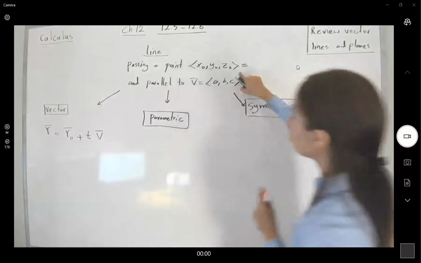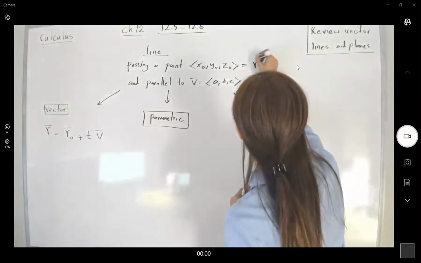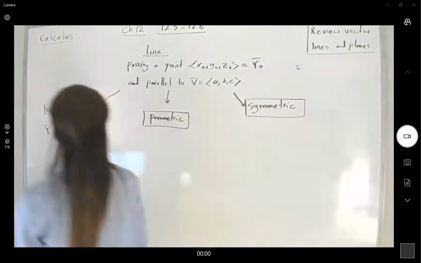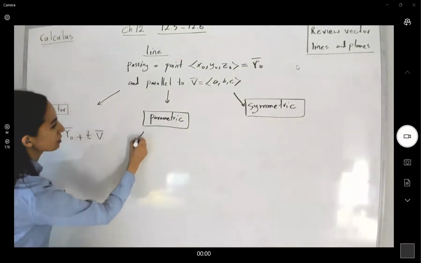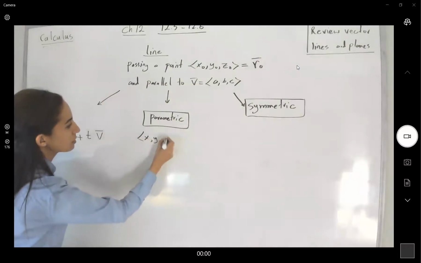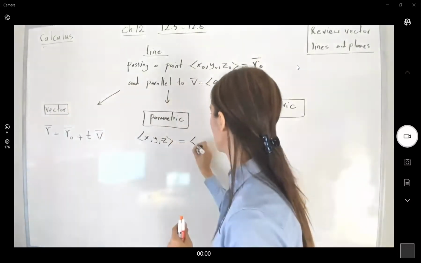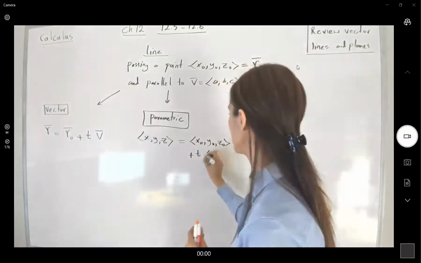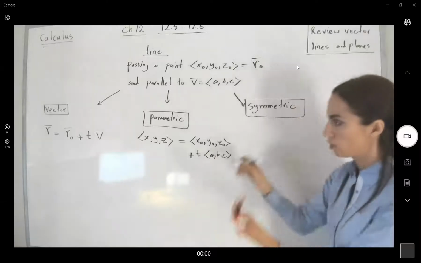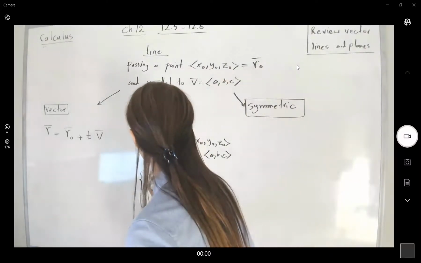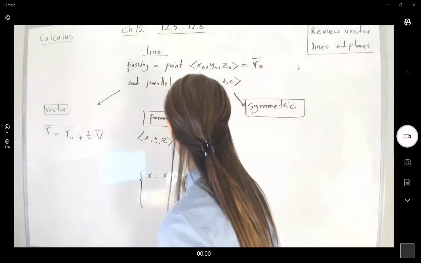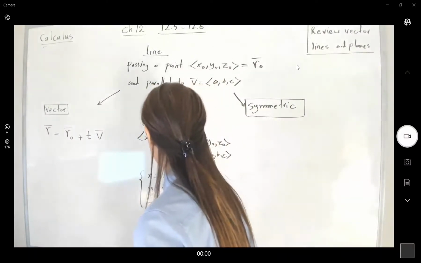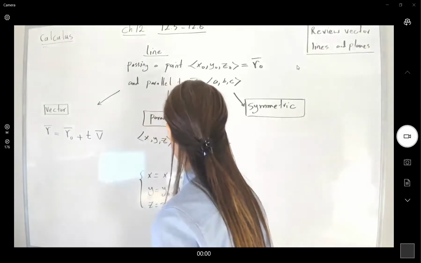So let's write this point as the vector R sub 0, and this is our vector V, which in parametric form is represented by X, Y, Z equals X sub 0, Y sub 0, Z sub 0 plus T times A, B, C, or as you saw, X equals X sub 0 plus AT, Y equals Y sub 0 plus BT, and Z equals Z sub 0 plus CT.